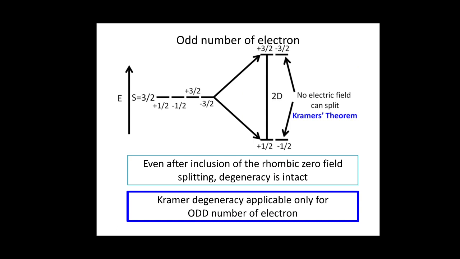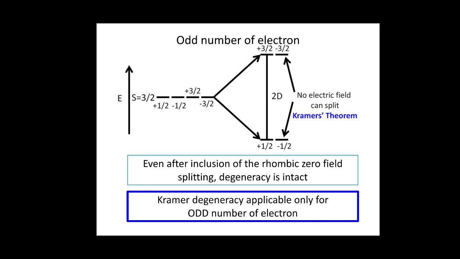That means 3 unpaired electrons, so total spin is 3/2. Now for this you can have 4 different ms levels: plus and minus 1/2, plus and minus 3/2. In the absence of the zero field splitting, they all remain degenerate.